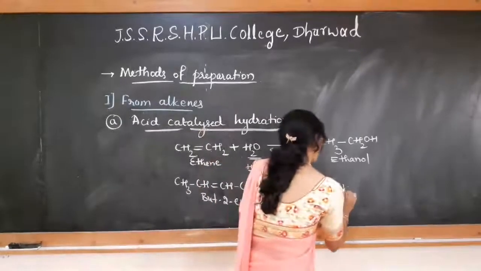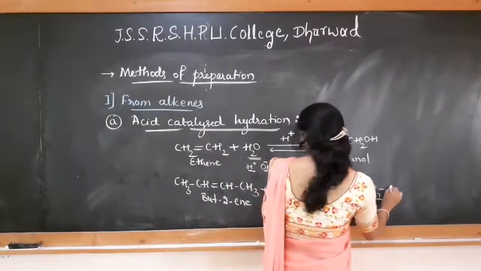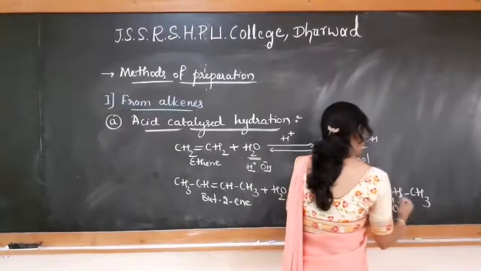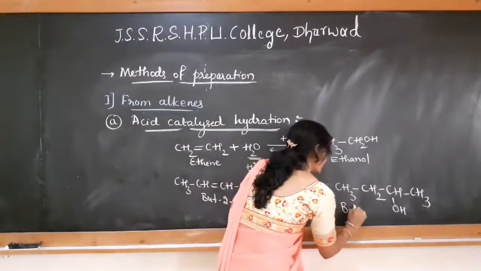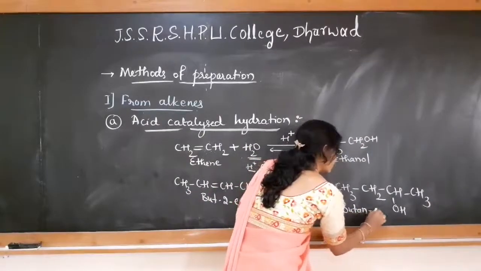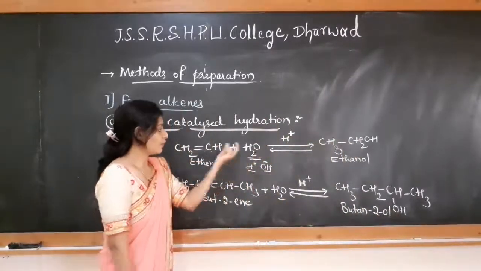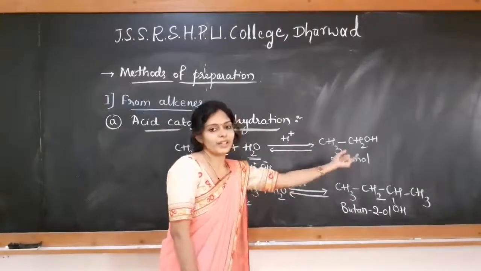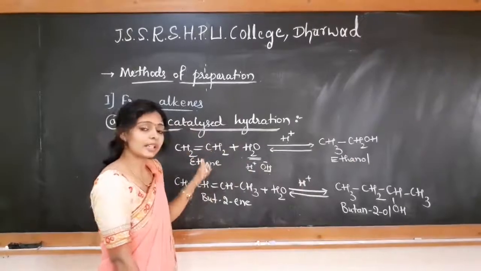So the product formed is CH3CH2CHOHCH3. Like this we get butan-2-ol as a product. So addition of water to the alkene in presence of acid gives the respective alcohol. Clear?